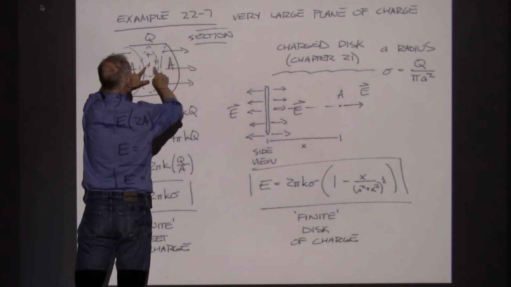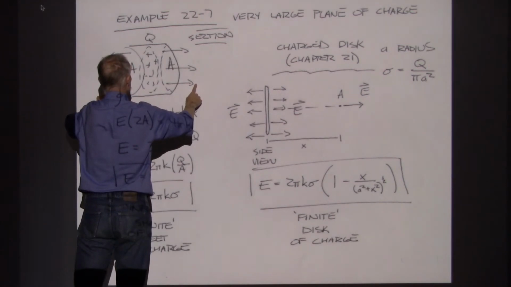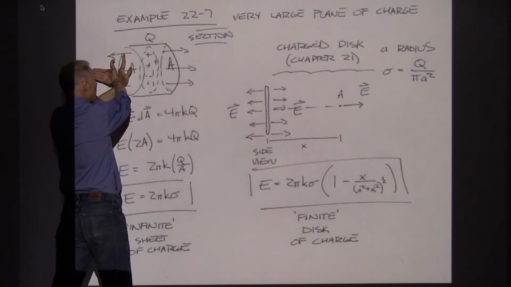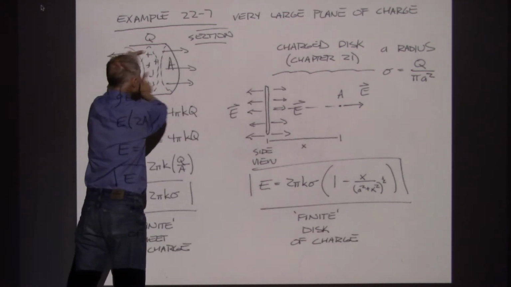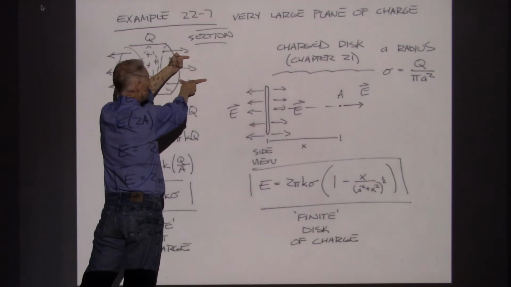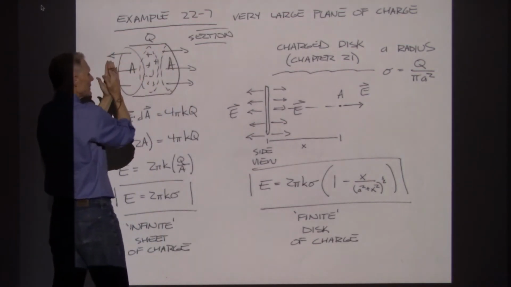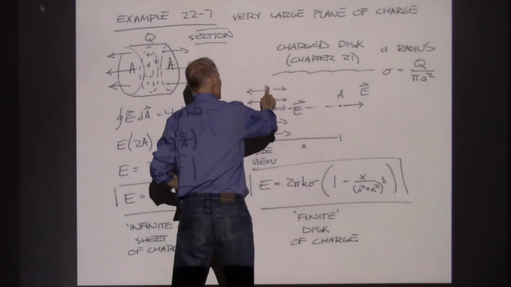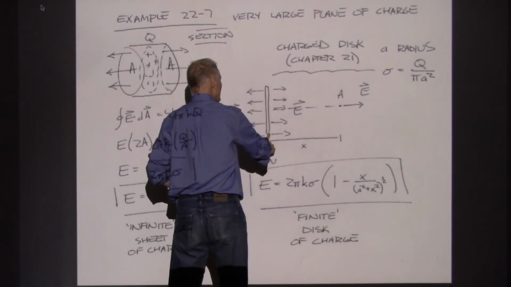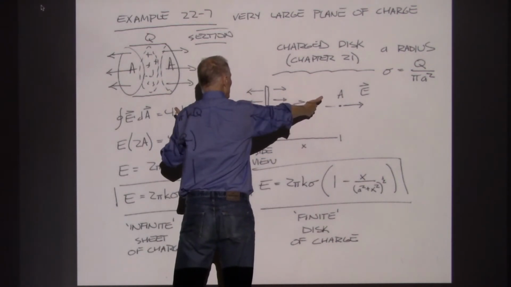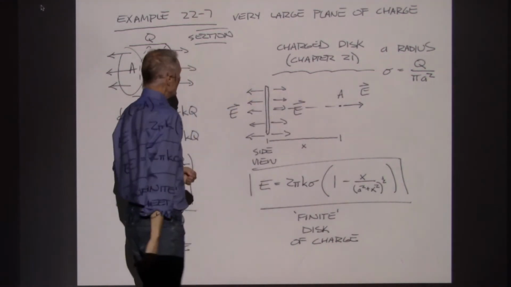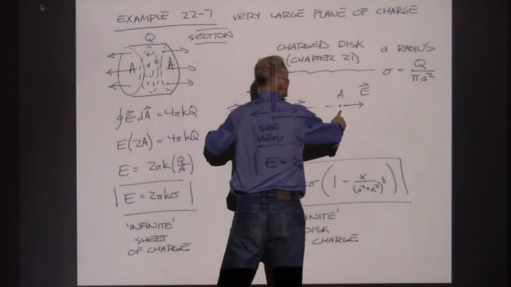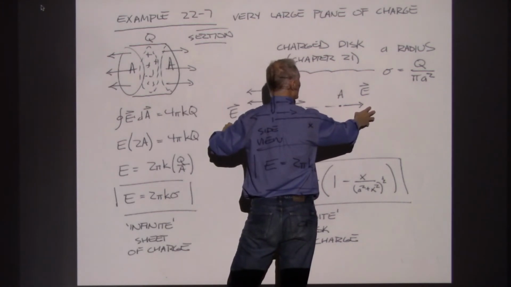I'm going to have electric field passing through this area on the end here, and then an electric field passing through this area also. If I turn this disk sideways, what it looks like is I have a bunch of charge on this disk, and the electric fields are directed away. And what we're asking is, what is the electric field then at some location over here?